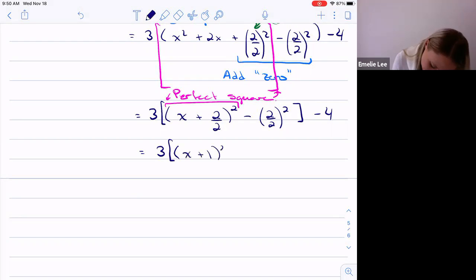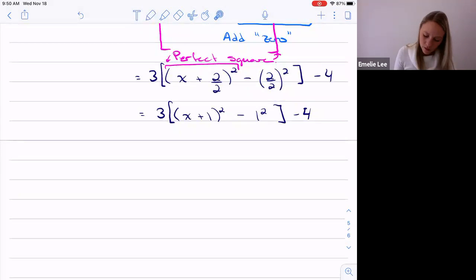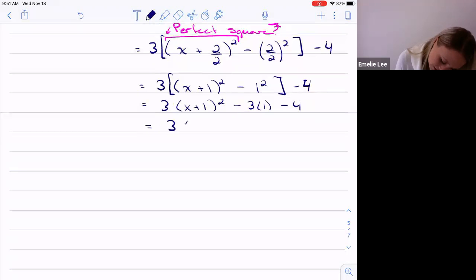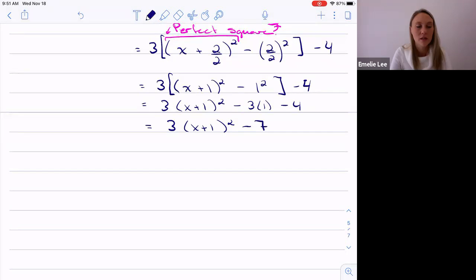X plus 1 squared minus 1 squared, minus 4. 1 squared is just 1, right? But in order to bust out these square brackets, what I have is 3 times x plus 1 squared minus 3 times 1, and then minus 4. That puts me at 3 times x plus 1 squared minus 3 minus 4, minus 7.